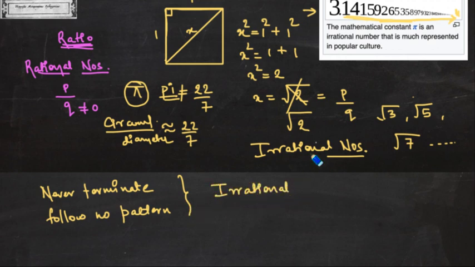For example, pi. Similarly, square root of 2. If we convert this into its decimal representation, and we can talk in later videos about how we can do that, the decimal representation of square root of 2 will never end, and also you will never get a specific pattern. And this is true for all irrational numbers.